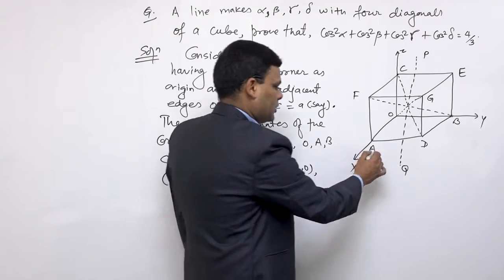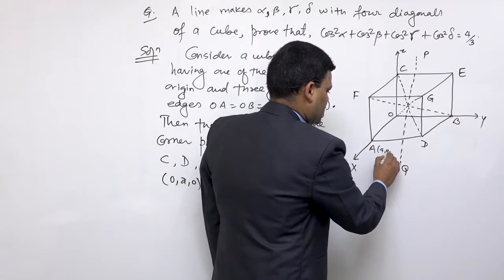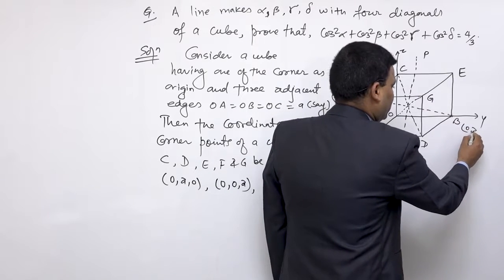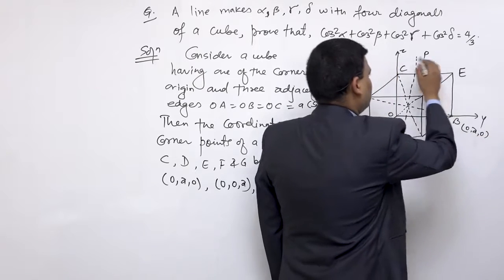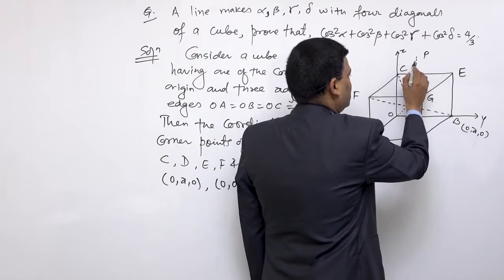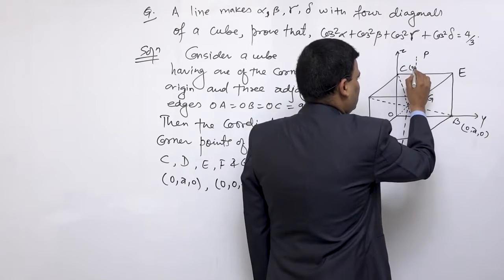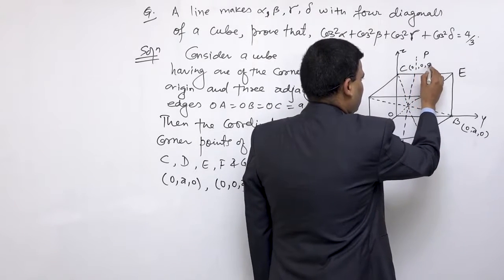In this way we can show in the figure also. A is (a, 0, 0), and this is a point lying on the y-axis, that's why its coordinate is (0, a, 0), and the point C lies on the z-axis, so its coordinate is (0, 0, a).